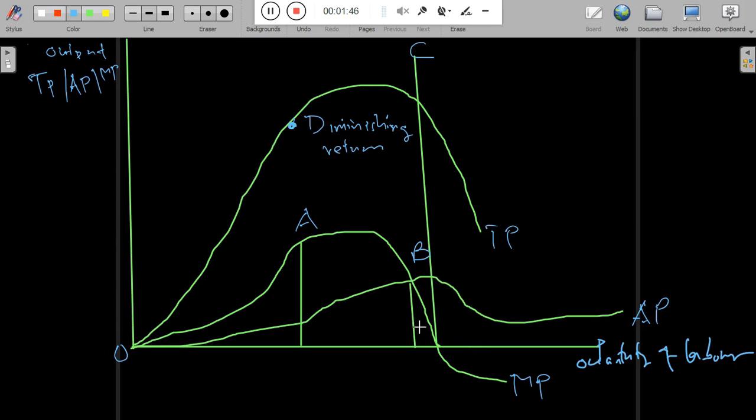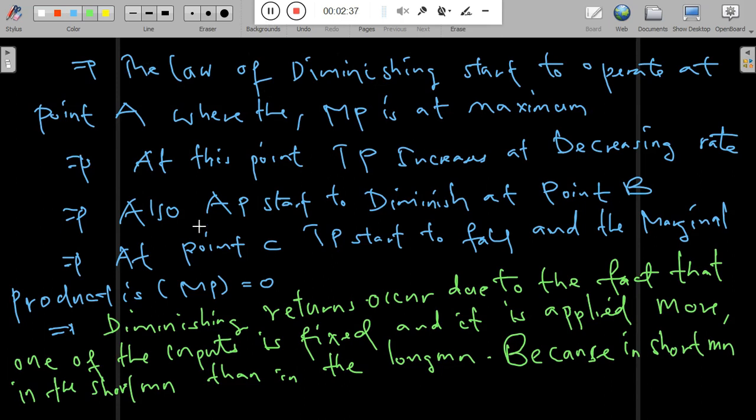So as you can observe, the law of diminishing returns starts to operate at point A, and at point B the average product starts to diminish or decline. And it is where now the marginal product is equal to 0. Actually the marginal product cuts across the average product, as you can observe.